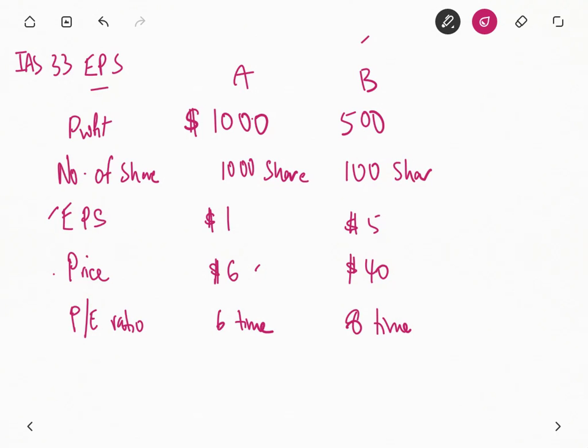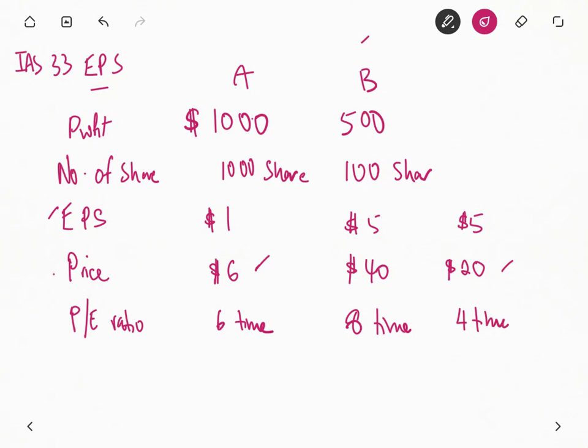What if the earning is $5 here and the price is $20, compared to 6? You may think $20 is expensive. One share $6, one share $20. Of course, in terms of value, $20 is more expensive than 6. But in terms of valuation, for the $20 we only pay 4 times.